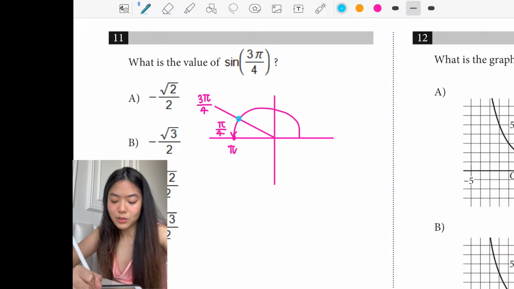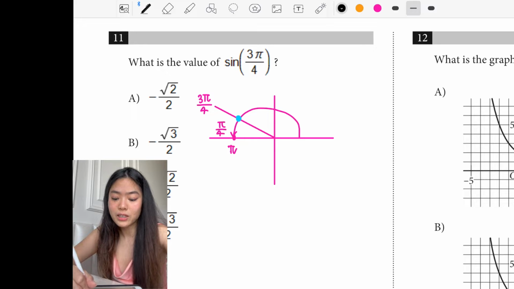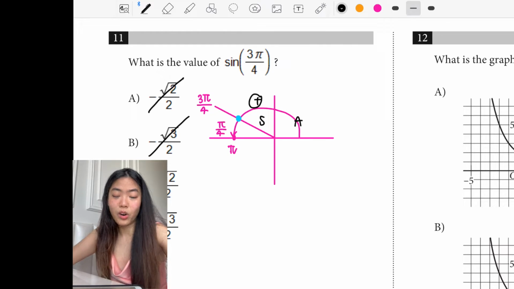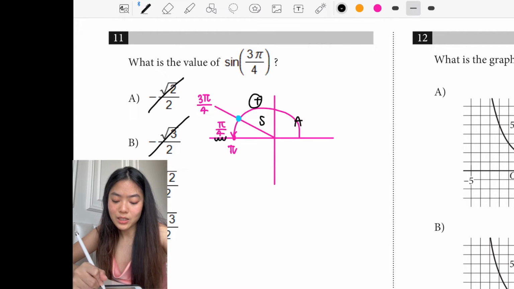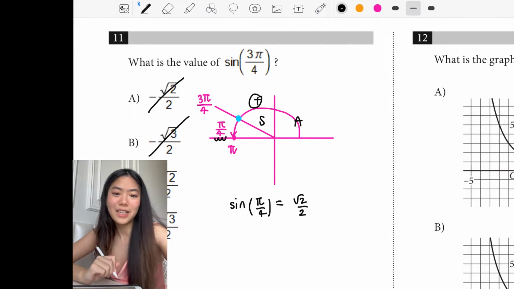As we know, sine in the second quadrant is positive, so A and B are wrong. And we know that sine pi over 4 is square root 2 over 2. Then the answer should be C.